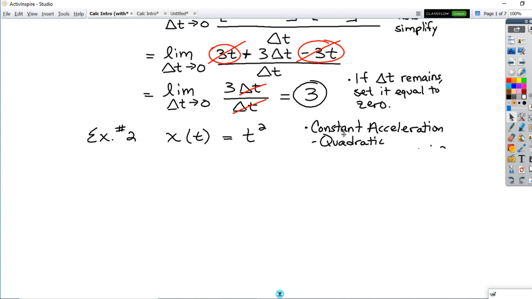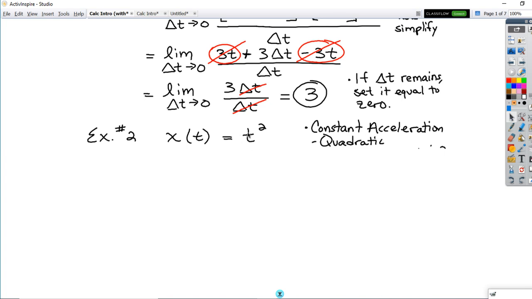are objects that experience constant acceleration. That means that their velocity changes at a constant rate. So their velocity is no longer constant, but because the velocity is changing at a constant rate, we can say that the acceleration, the change in velocity over time, is a constant. You might remember the formula 1/2 a t squared.